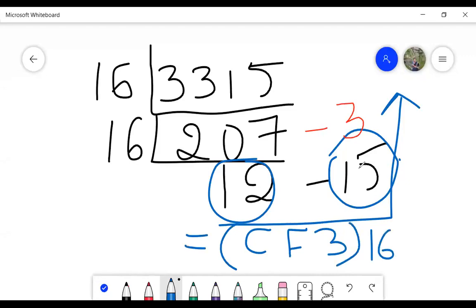3315 in decimal is equal to, or instead of writing decimal over here, you can write to the base 10 also, 3315 to the base 10 is equal to CF3 to the base 16, or you can write hexa also.